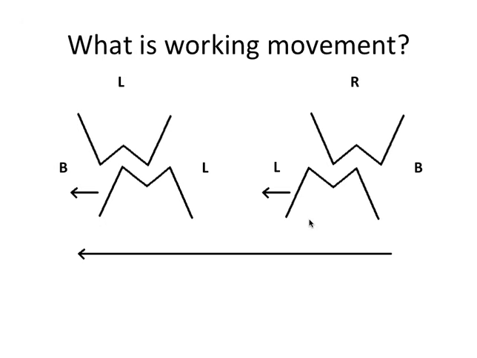This is a super complicated thing, but if we boil it down to the simplest way: if the side matches the movement direction, then that side is experiencing working movement. If the side does not match the movement direction, then it's experiencing non-working movement.